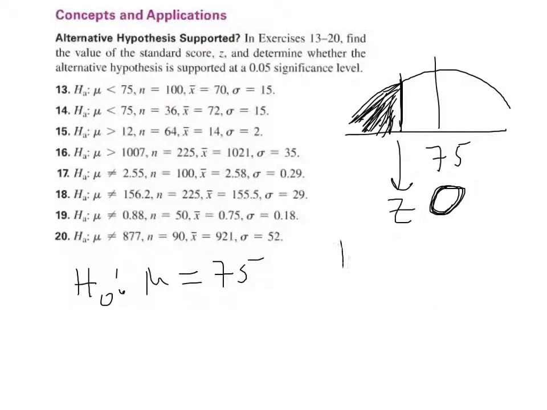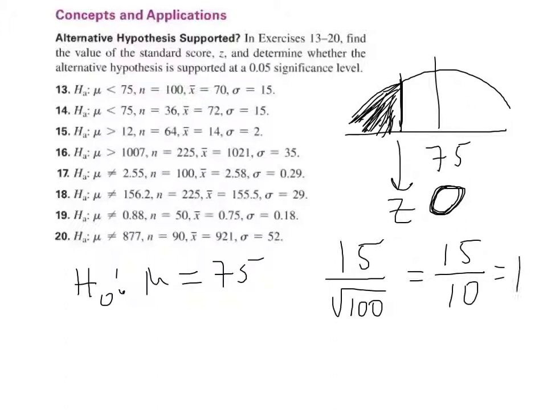Since the population standard deviation is 15, I'm going to divide that by the square root of 100. That'll be my standard error, the standard deviation for the sampling distribution. The square root of 100 is 10, so that gives me a standard deviation of 1.5.